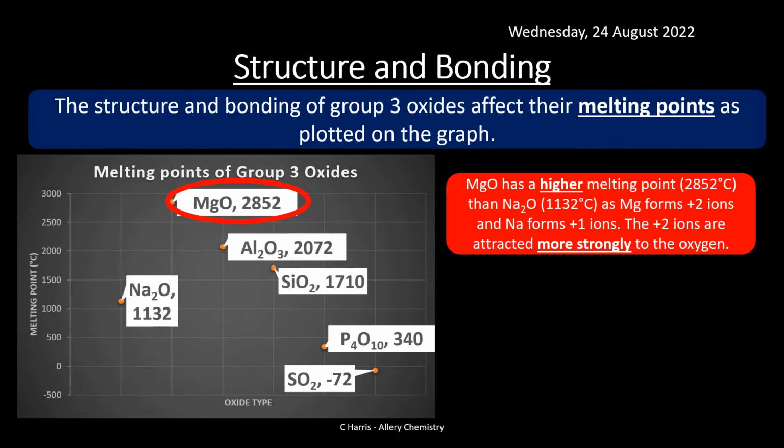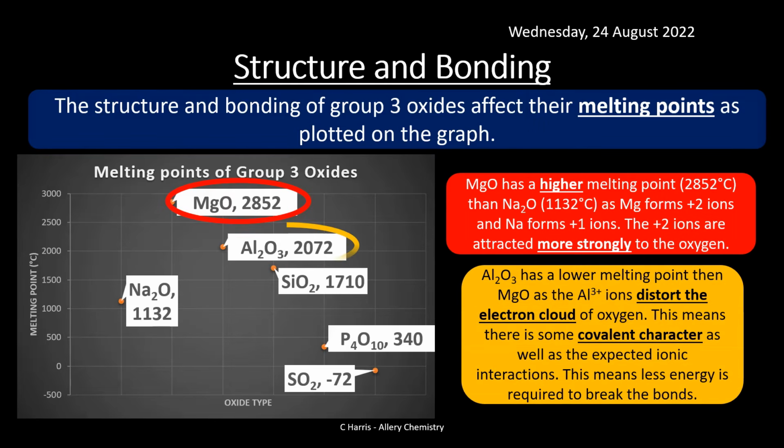And so the 2+ ions are attracted much more strongly to the oxygen than sodium is, because you've got a 2+ attracted to a 2- for magnesium oxide, and for sodium it's a 1+ interacting with a 2-. So the difference in charge is much bigger with magnesium and oxygen than it is with sodium and oxygen. That means it takes a lot more energy to overcome that force.